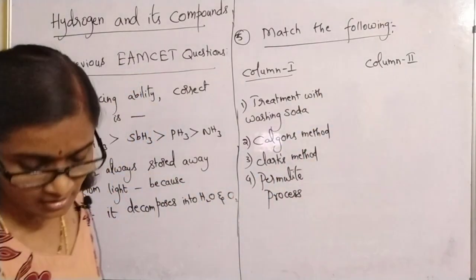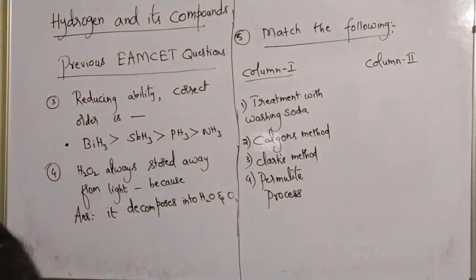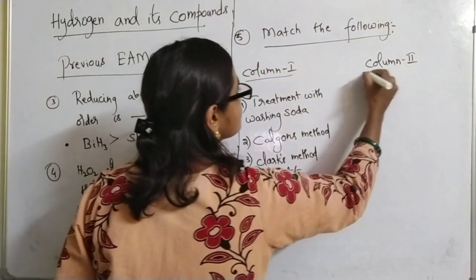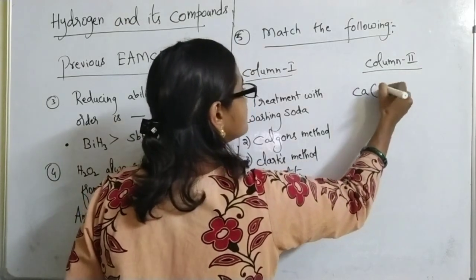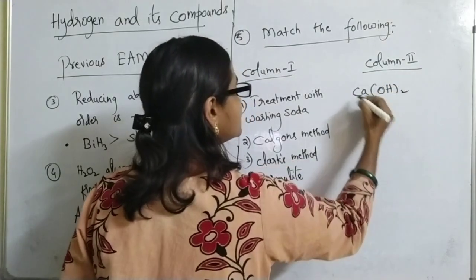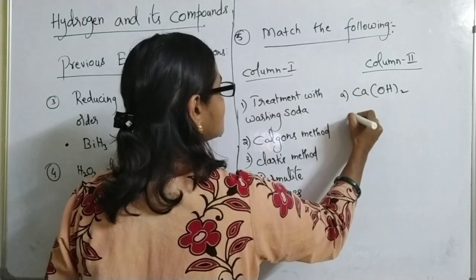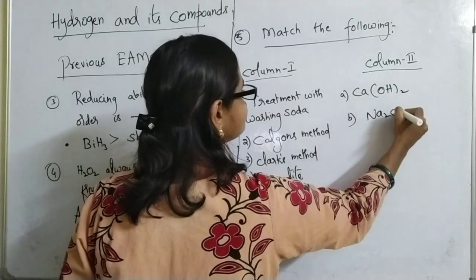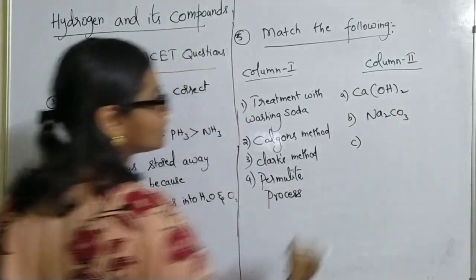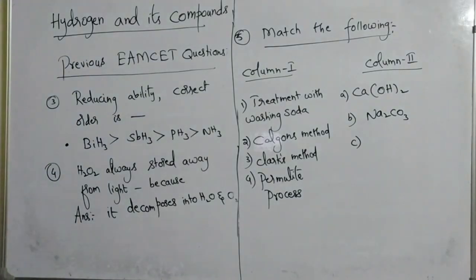Okay, in this, what are the options which are given for the other side? Ca(OH)2, Na2CO3. Treatment with washing soda, washing soda itself is Na2CO3.